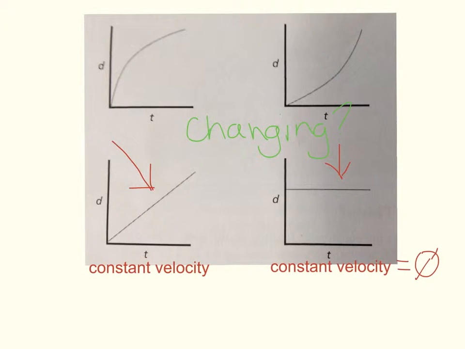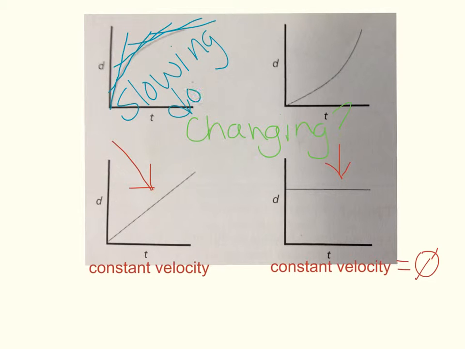This graph has a steeper line at the start. The line gradually gets less and less steep. That is telling us that the object is slowing down as time passes. The velocity is decreasing.